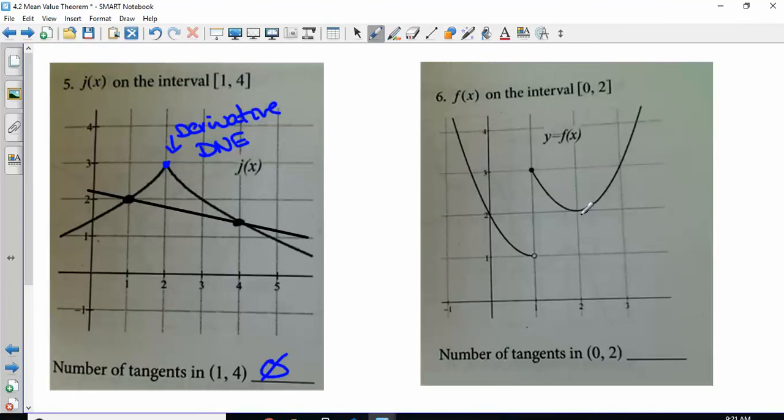So over here, if I said between 0 and 2, okay, so that would just be a horizontal line connecting those. How many times would my tangent be the same? Is there anywhere between 0 and 2 where I would have a horizontal tangent line?